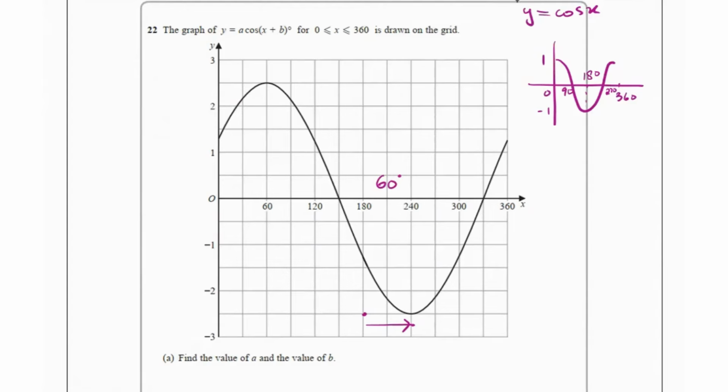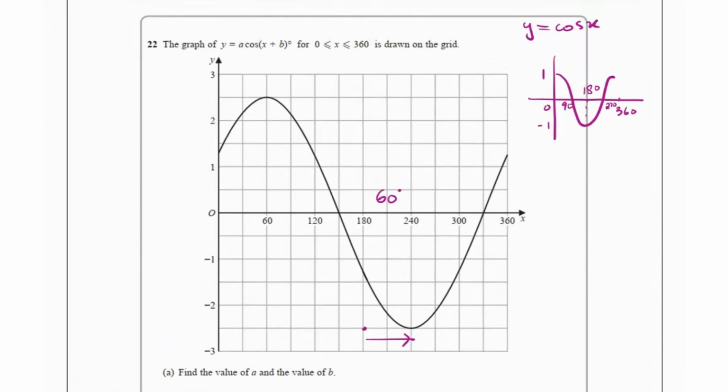Then the a value is your amplitude. Amplitude is basically half of the distance between the maximum and the minimum value. The maximum value is at 2.5, the minimum value is at -2.5.